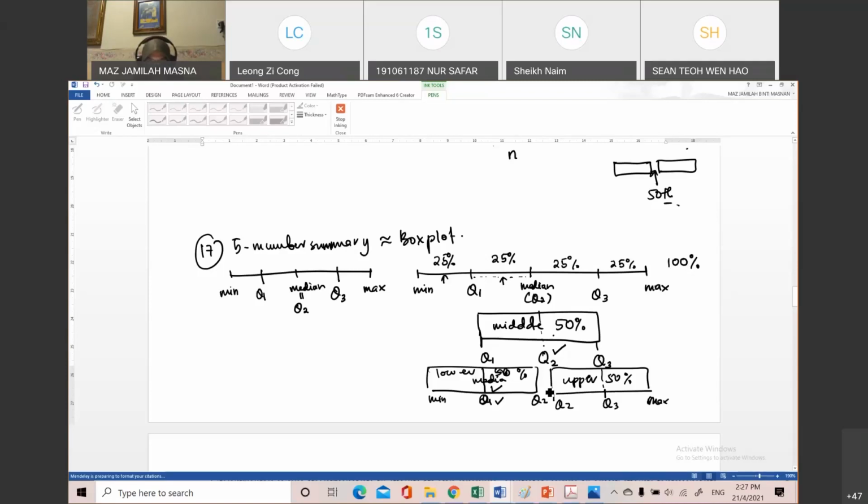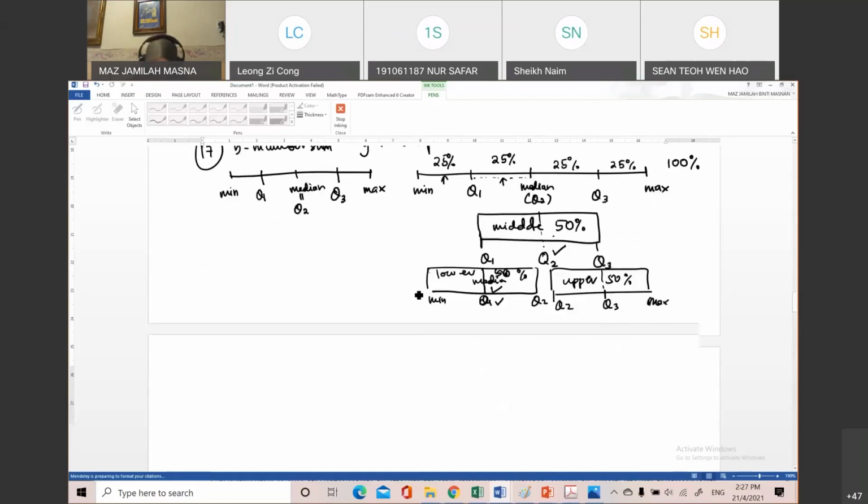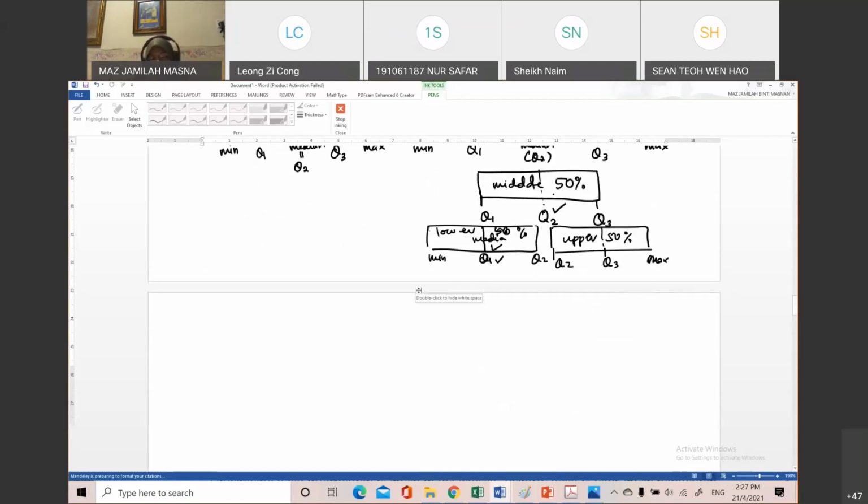If you can remember, one of your videos discussed how you can identify your distribution of data by using your box plot. This is how you can do that. Now, let's say we are talking about this kind of box plot.